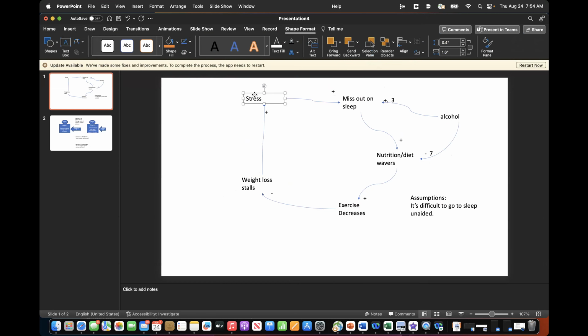When I did my root cause analysis, I found that, again, stress causes me to miss out on sleep. And when I examined why I am stressed, I figured out that I tend to do too much.